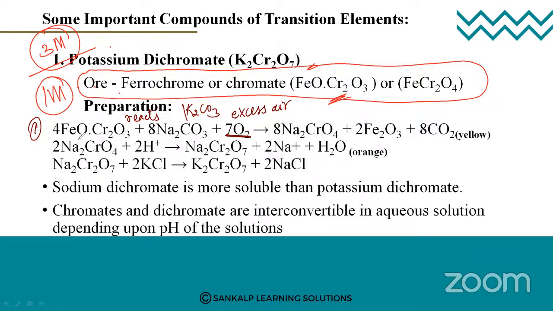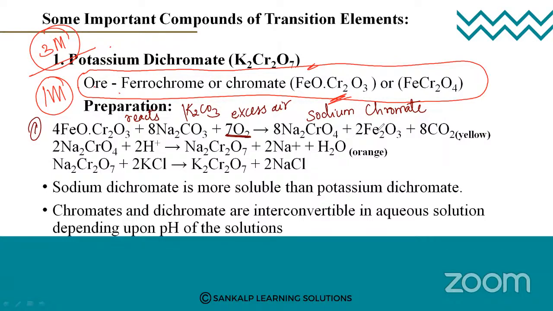The chromite ore reacts with sodium carbonate in the presence of excess of air to give sodium chromate. What do you get as the product? Sodium chromate. If you take sodium carbonate, you will get sodium chromate. If you take potassium carbonate, you will get potassium chromate. Depending upon which base you take.